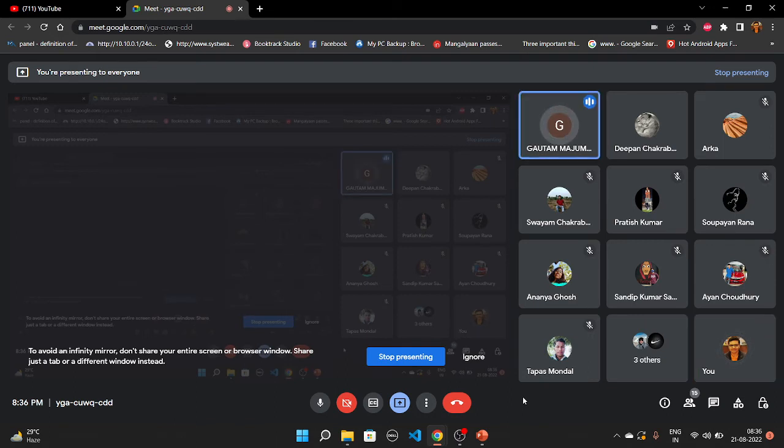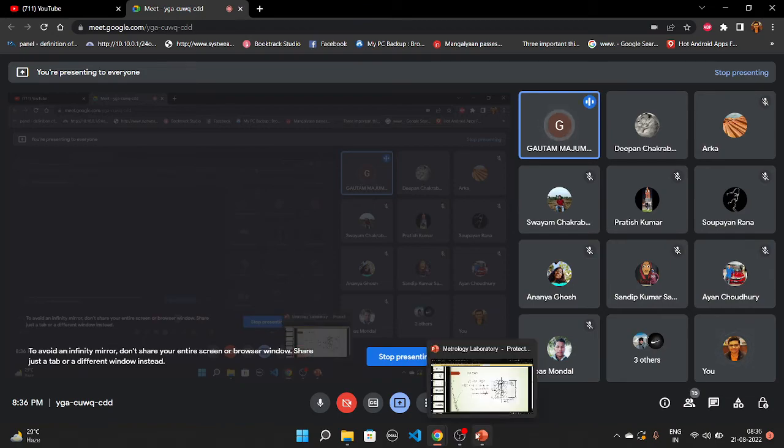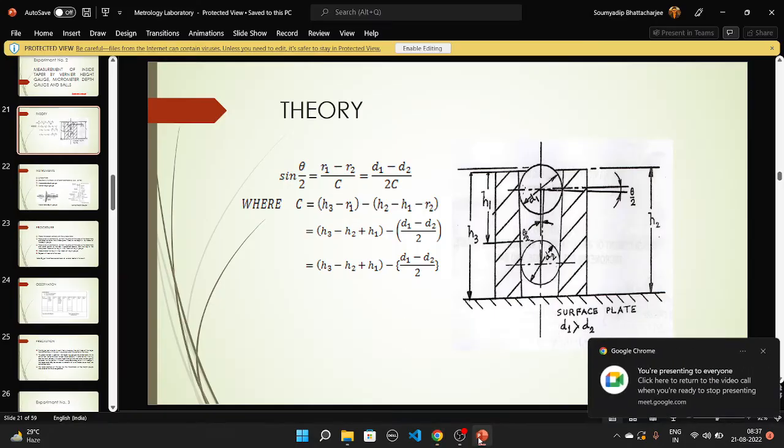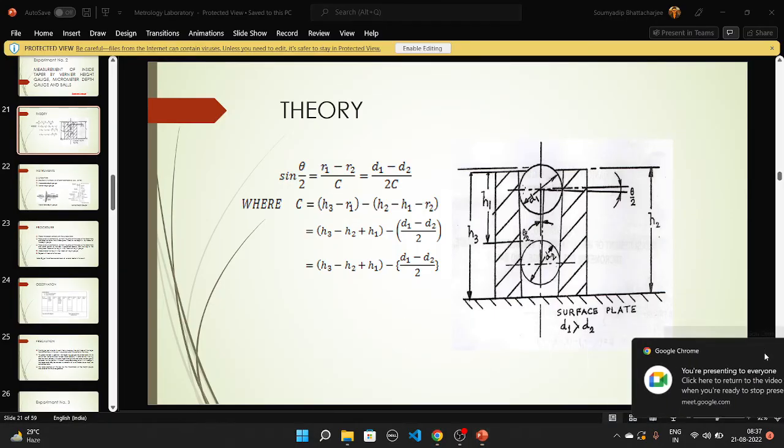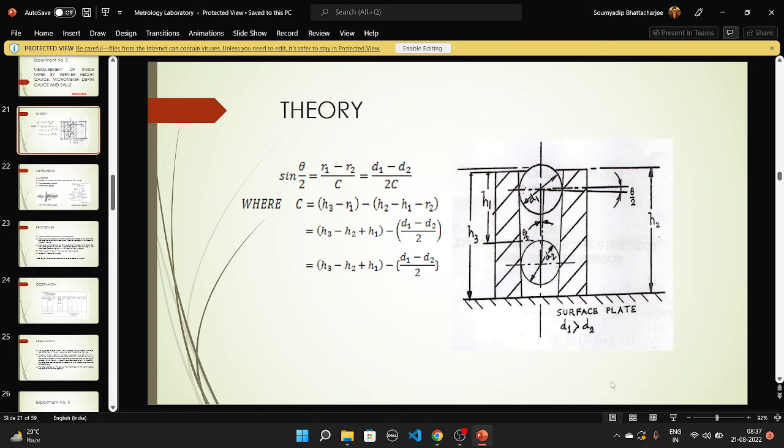No, I'm trying to calculate it first. That's correct. What is the X value? Could you find it out? The X value should be from the surface to the center of the smaller ball. That X you find out. Whether that is H2 minus H1 minus R2. H2 is for the top surface, H2 minus H1.